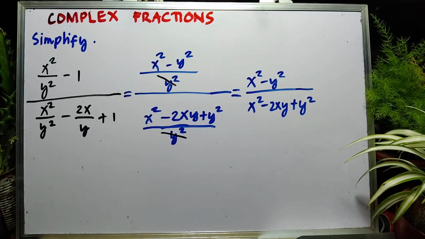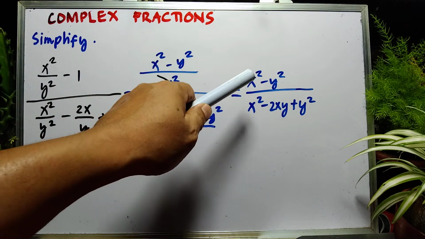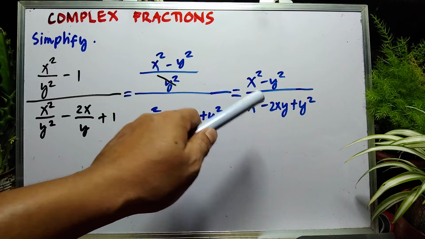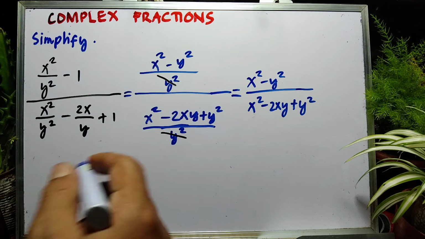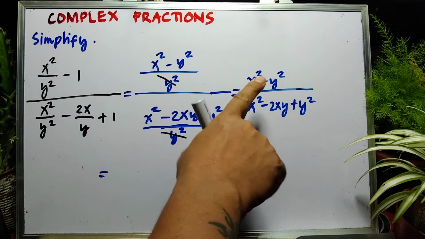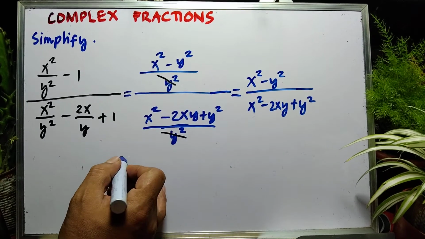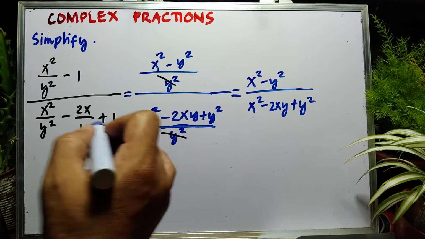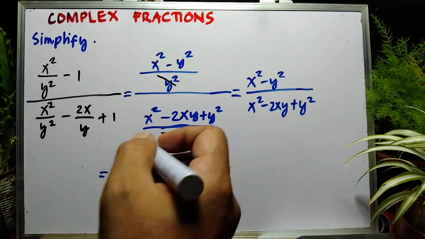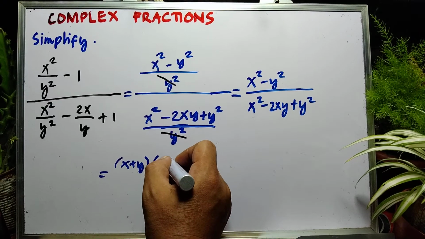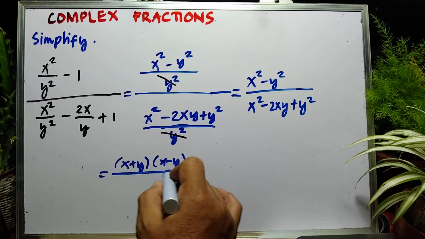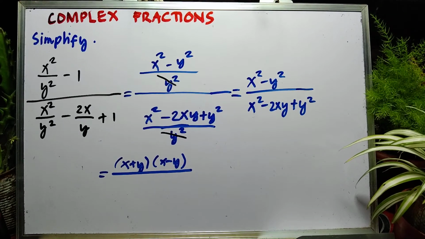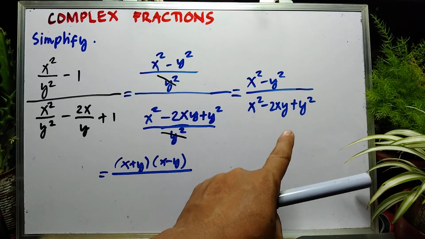Are we through? Not yet. We will look for the common factor of the numerator and then denominator. So, we need to factor, no? So, you have now, this is just a difference of two squares. So, you have x plus y times x minus y all over, what is this one?